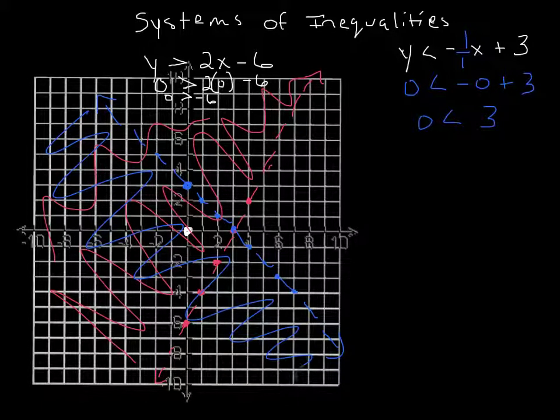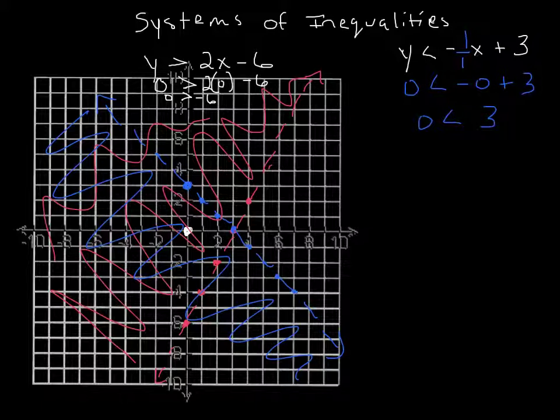Okay, and as you look here, in this section the blue line has all correct answers, but that's not overlapping. Here the red line has answers. Here, this is the part where both are solutions to both equations. So if you picked any point in that little section right there, you'll be able to find the answer to both equations.